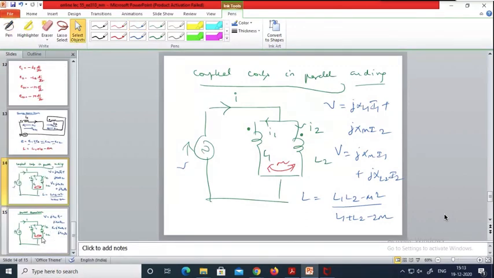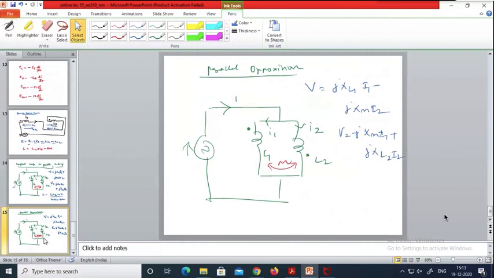Similarly here, L is equal to L1 L2 minus M square divided by L1 plus L2 plus 2M. This is the effective inductance when connected in parallel, and the effective inductance when connected in series.